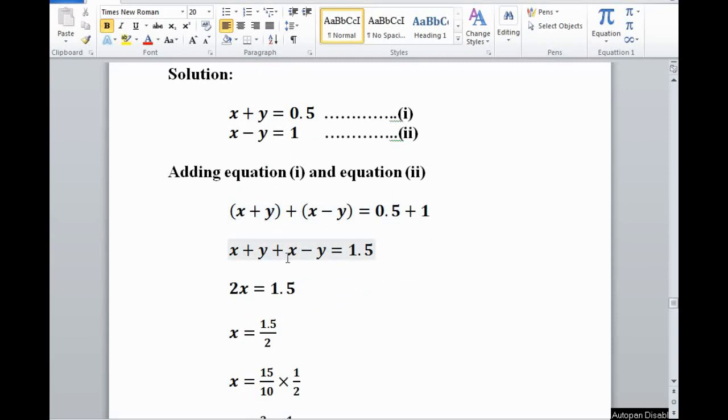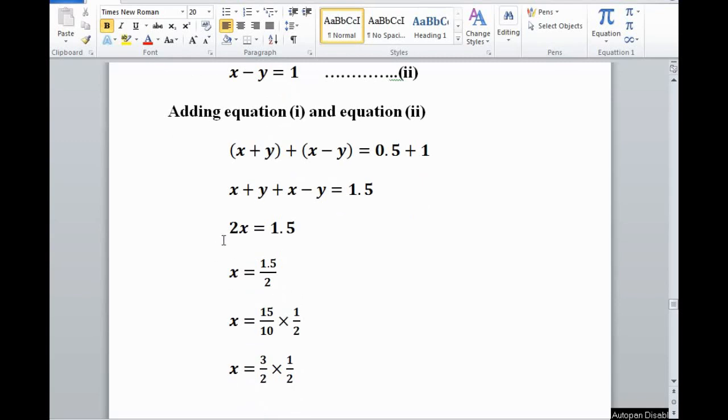So we get x plus x, positive y plus negative y becomes 0, and the sum of 0.5 and 1 is 1.5. And x plus x, they are like terms, so their sum is 2x, equals 1.5.